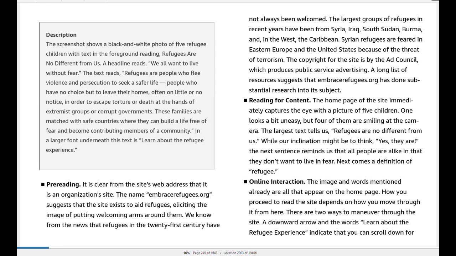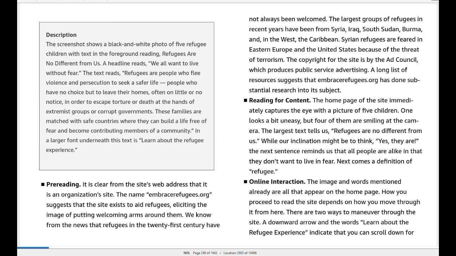The screenshot shows a black and white photo of 5 refugee children with the text in the foreground reading, "Refugees are no different from us." A headline reads, "We all want to live without fear." The text reads, "Refugees are people who flee violence and persecution to seek a safer life.